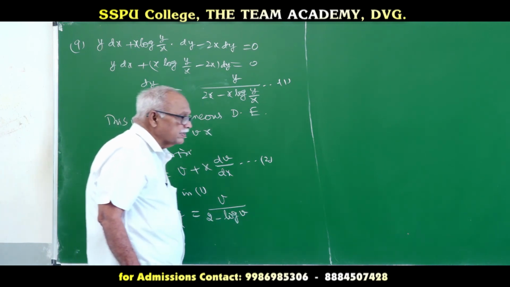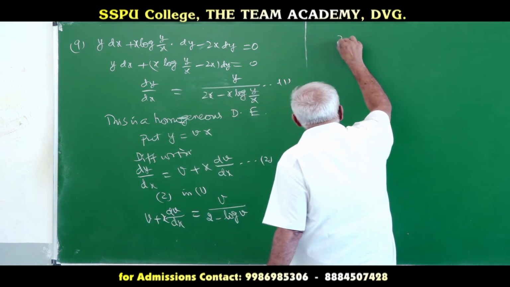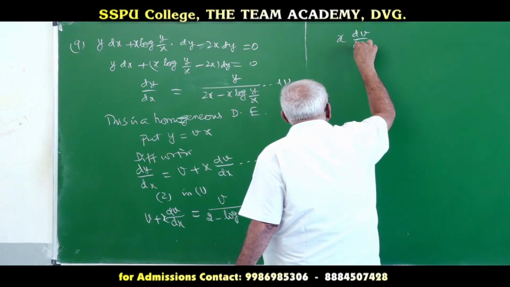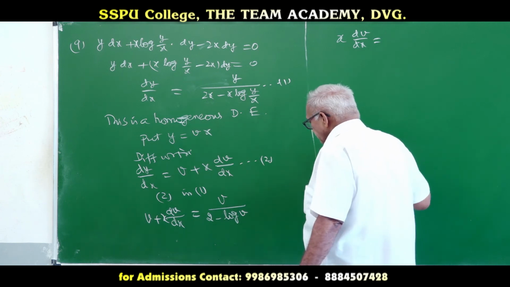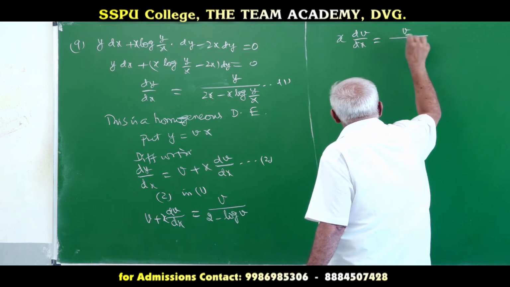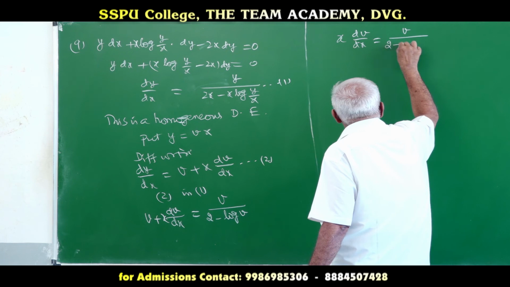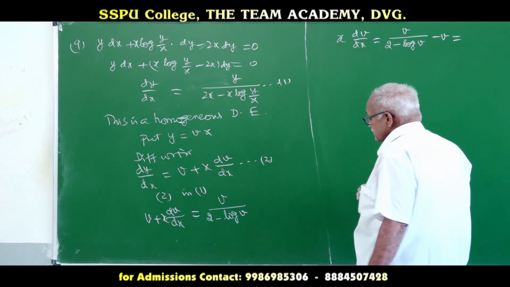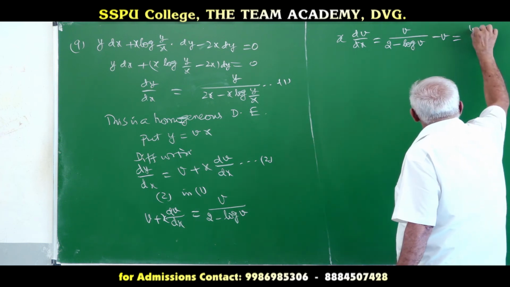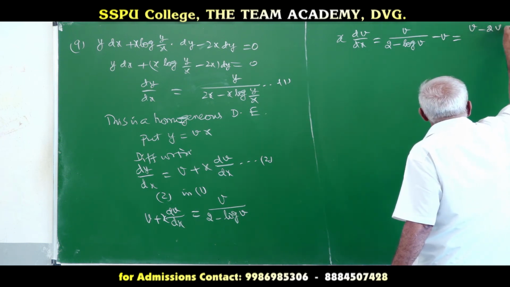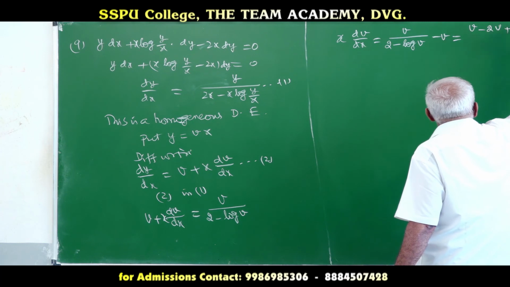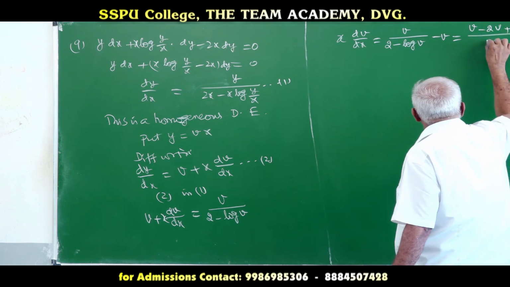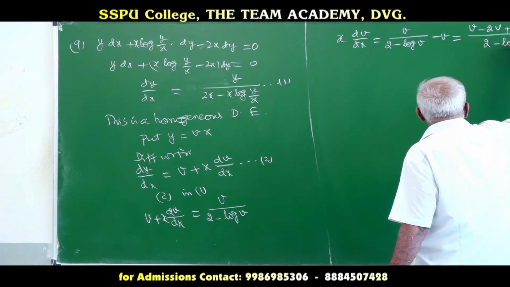So, let us further simplify this. x into dv by dx is equal to v by 2 minus log v minus v. So, this is v minus 2v plus v log v divided by 2 minus log v.